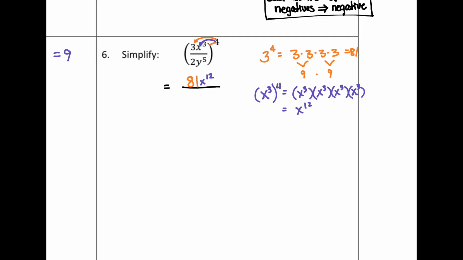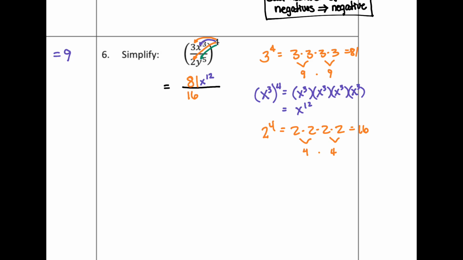Okay, so now I'm going to do yellow again, or gold, orange, whatever that color is, because it's a coefficient. Okay, so 2 to the fourth means this. So 2 times 2 is 4, 2 times 2 is 4, 4 times 4 is 16. Okay, so 16 is down here.